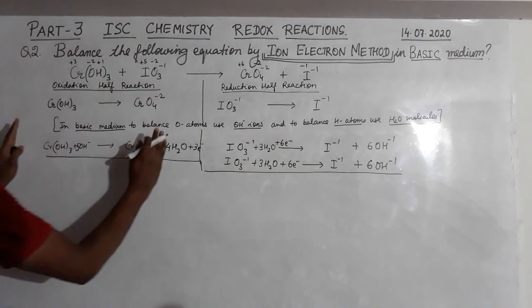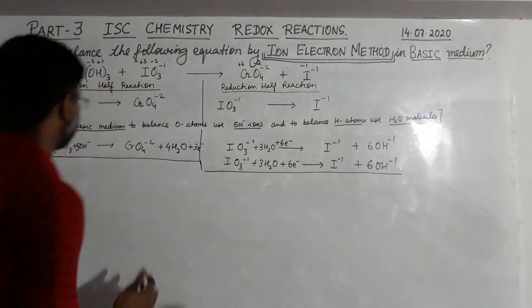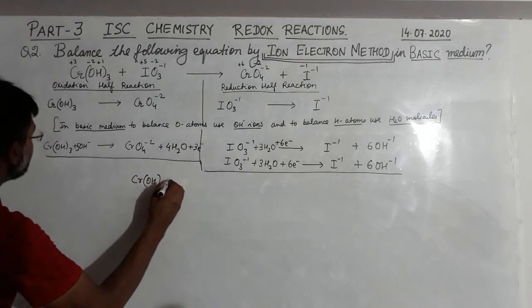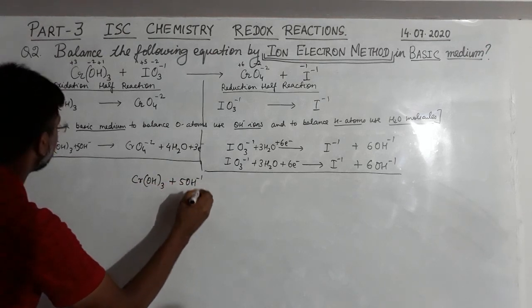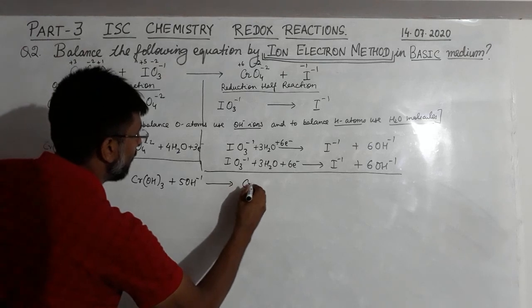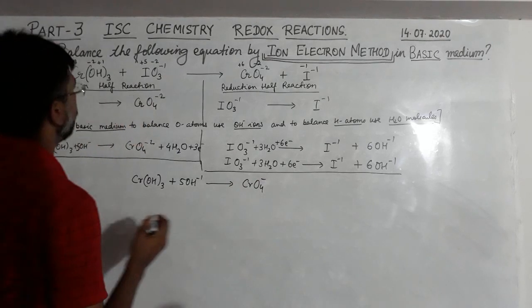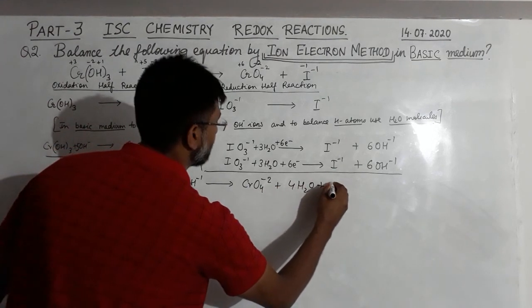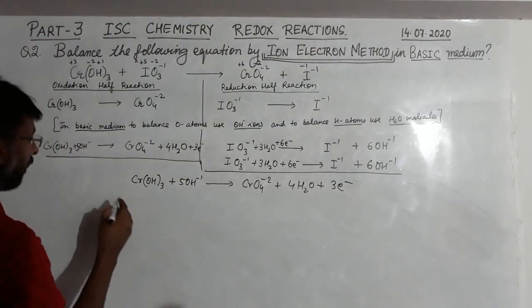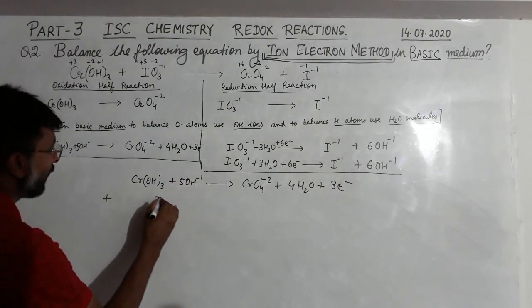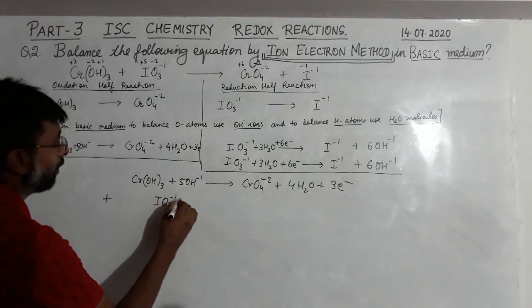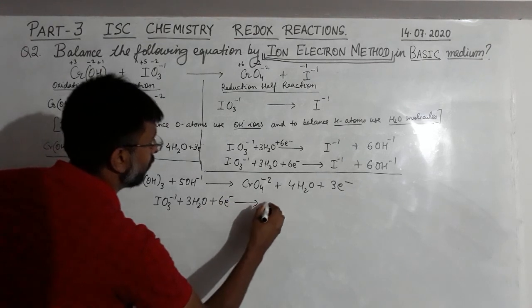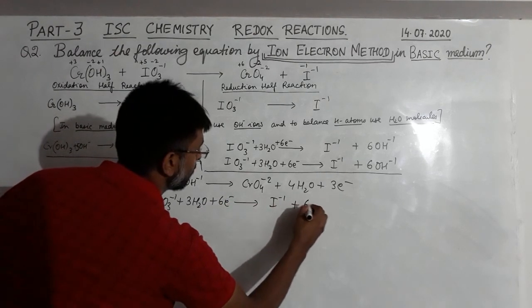Now I am going to add this equation and this equation mathematically. So let me write them once more. Cr(OH)3 plus 5OH⁻, arrow, CrO4²⁻ plus 4H2O plus 3 electrons, this is done, plus IO3⁻ plus 3H2O plus 6 electrons, arrow, I⁻ plus 6OH⁻.